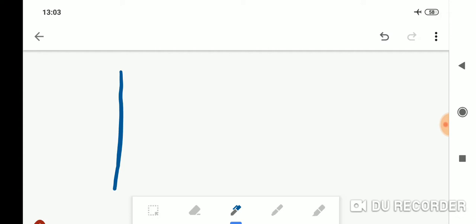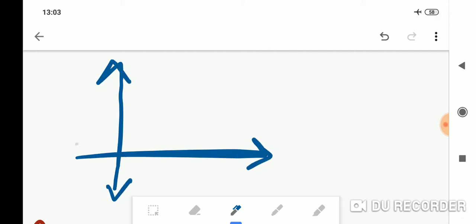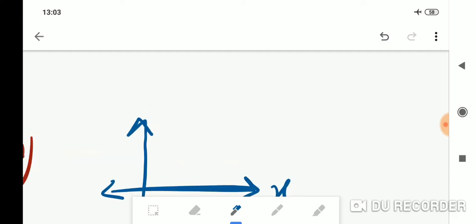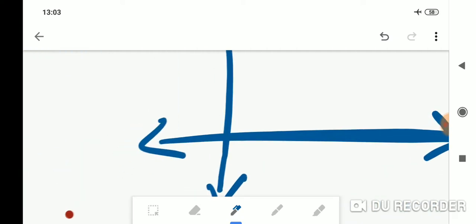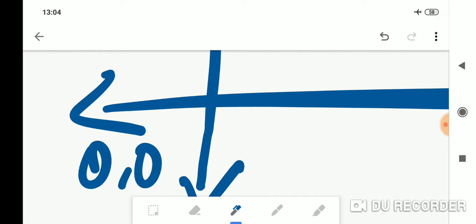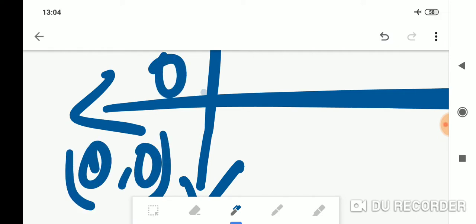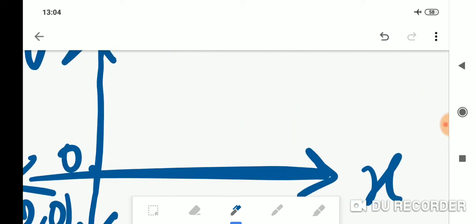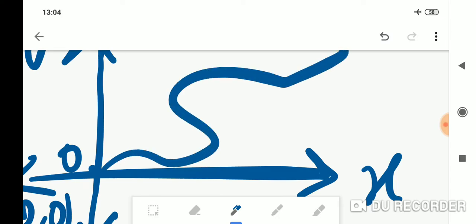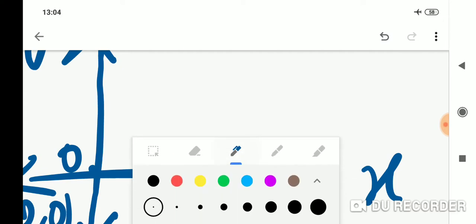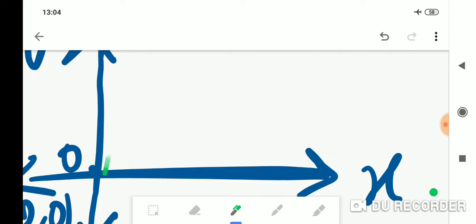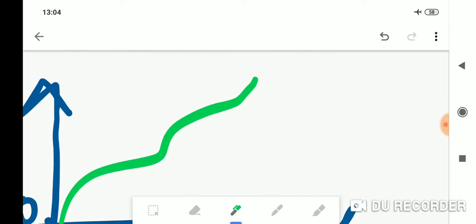Let us assume this is an x-axis, this is a y-axis. We are acquainted with it. This is the origin, so 0, 0. Point O is the origin. So any curve, I hope this appears like this. Any curve, as I draw it with another ink. Any curve that appears like this.